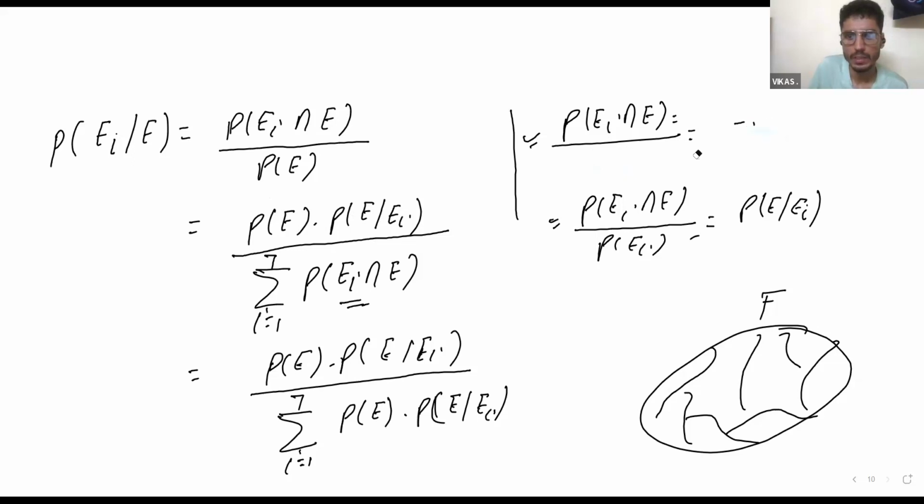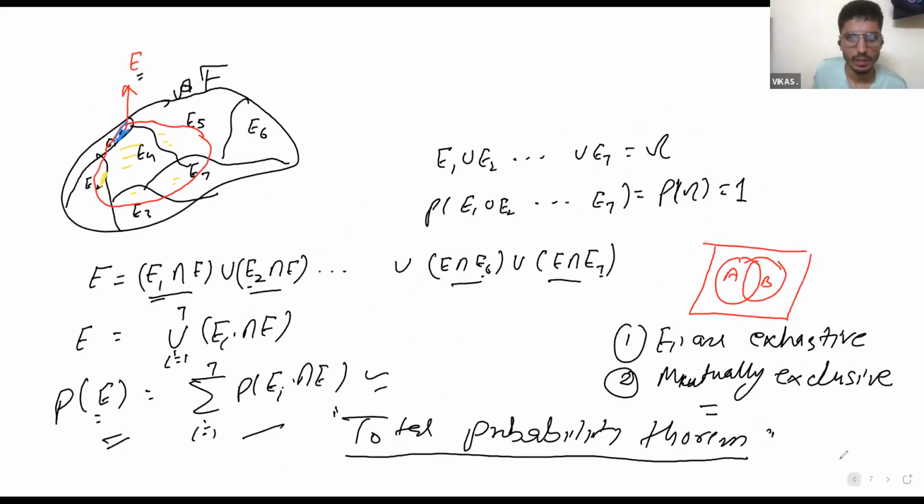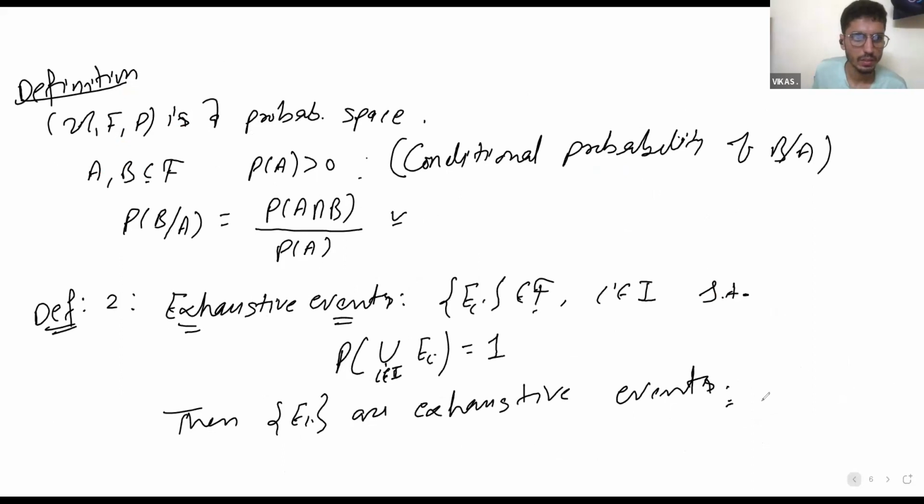I hope you recognize this probability of E, lower probability of E given EI. It means simply what I have defined here. So this is defined, right?